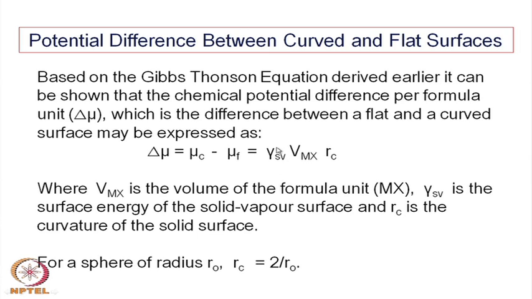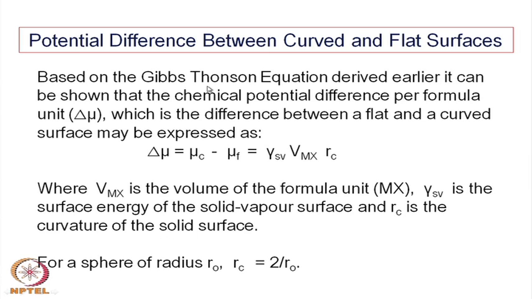Here we are talking about a material of the form mx, m is the metal, x is another anion. So, it may be an oxide, so it may be an MO also. So, whatever is the compound, it is not an element now, we are talking about a compound of the form mx, and this Vx is the volume of the formula unit, one formula unit, whatever the volume is, and then Rc is the curvature of the solid surface.